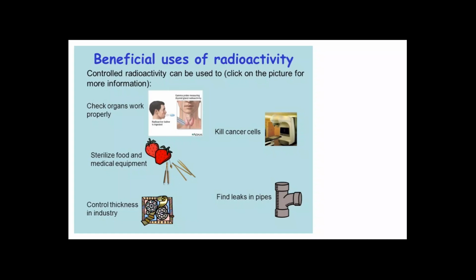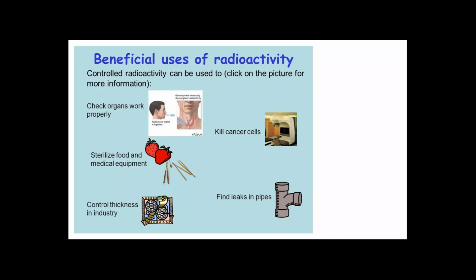So what are the uses of radioactivity? Well, it can be used to see if organs are working properly, for example, the thyroid gland. So you can use radioactive iodine, and we can see if the thyroid gland is working correctly. And also, you can use radioactivity to kill cancer cells.